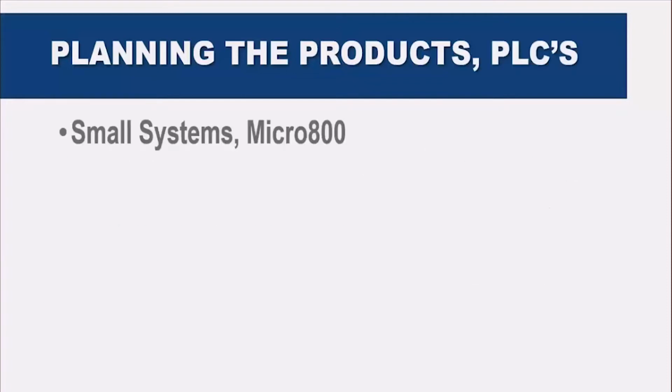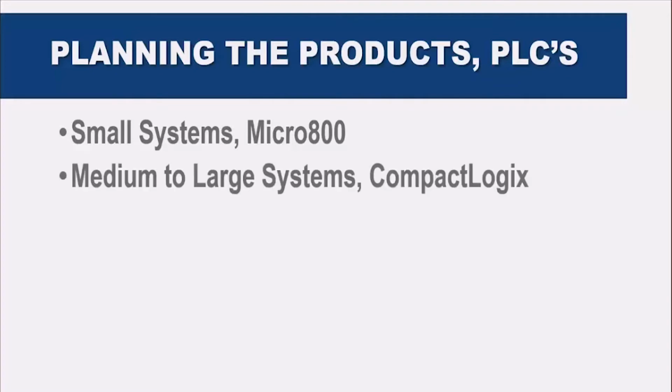All right. As far as sizing of the system, Micro 800 is great for small projects, lower I/O count. We're finding a very good track record with that particular product. Medium to large, I would certainly stress to consider the CompactLogix if it's close to Micro 800, even if the Micro 800 can handle it, just for the programming ease and, again, scalability, being able to enlarge it later in the future.